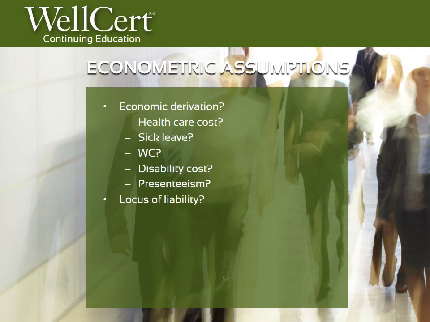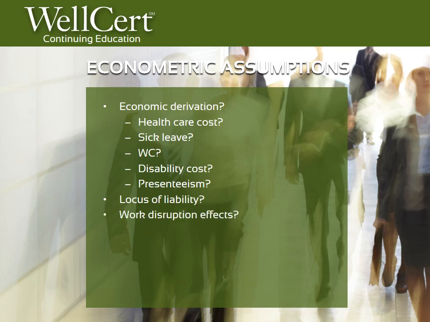And now what we're talking about in presenteeism is actually getting more for the money I've already invested. But I can in fact put an economic value on the improved productivity of my employees if I'm measuring presenteeism in some valid and consistent manner. So that locus of liability is an important issue in my econometric assumptions about these areas.